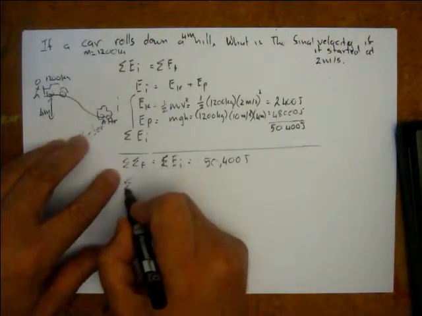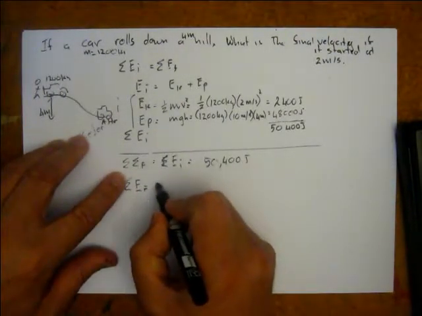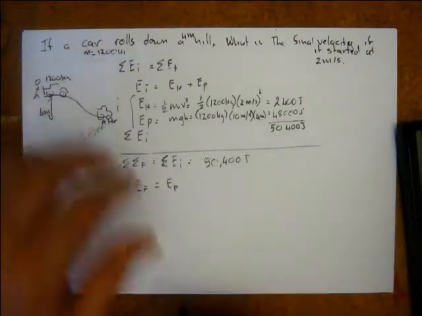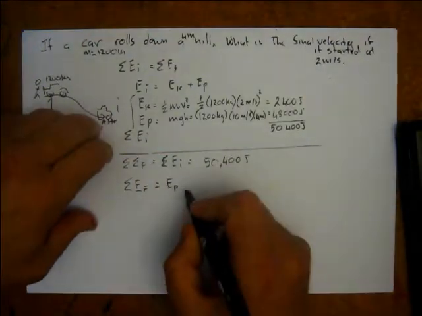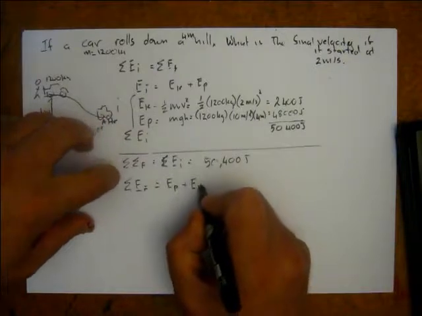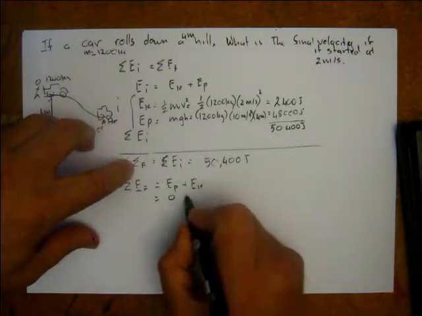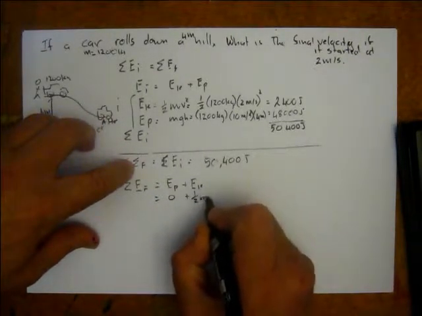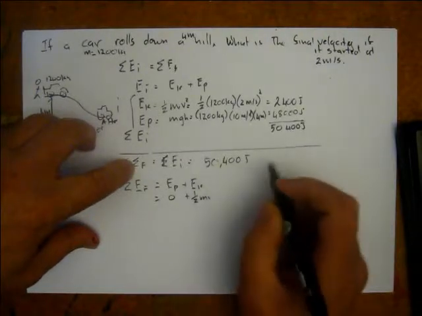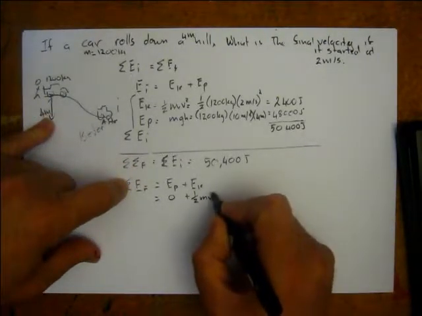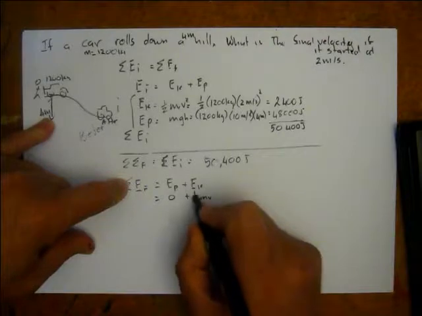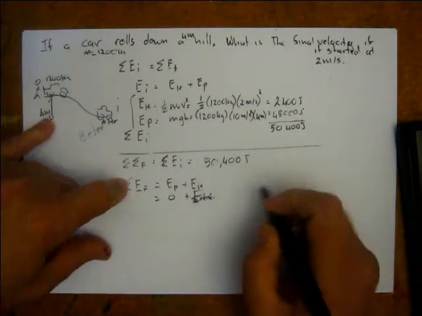So E final equals EP, pardon, plus EK at the bottom, that's going to equal 0, plus half mv squared. Well, plus, yeah. So plus EK.